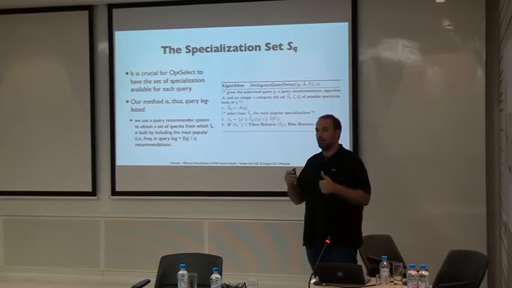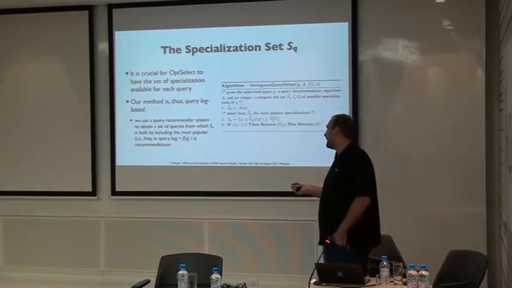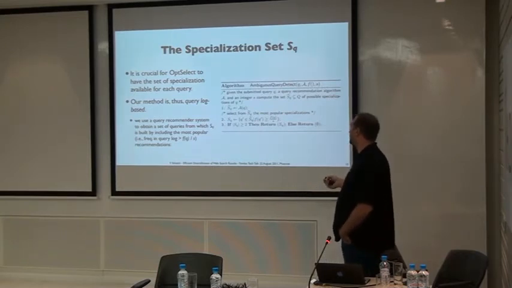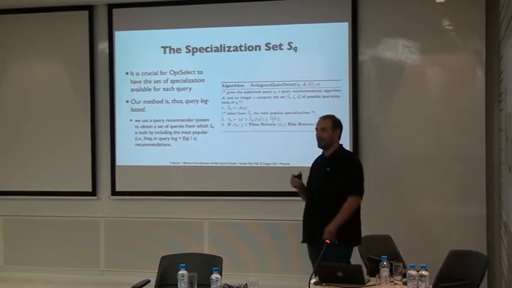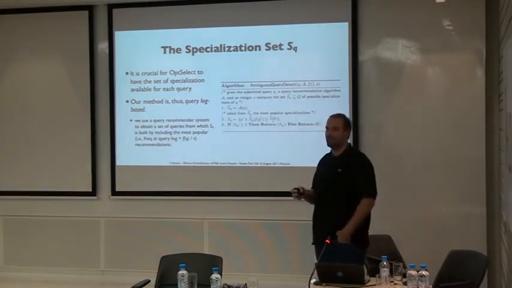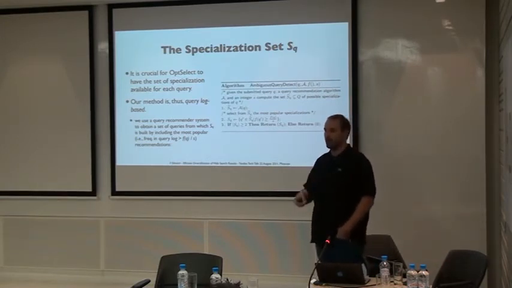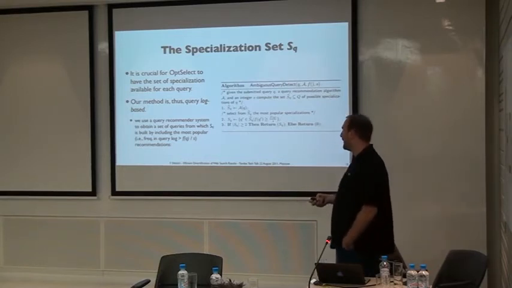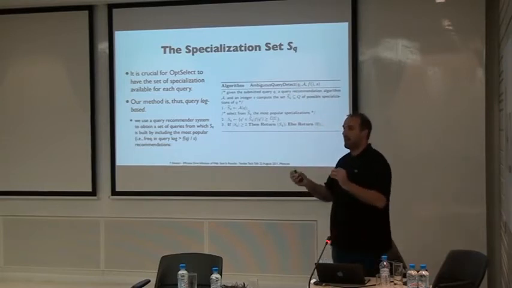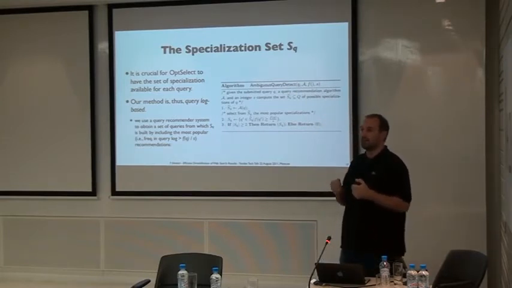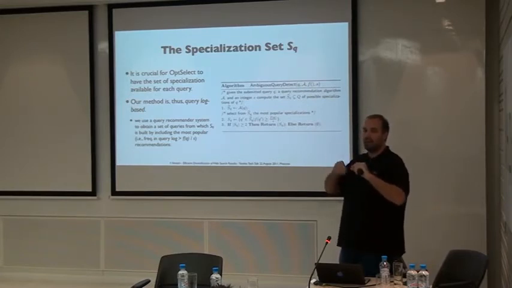U is defined as the utility of a result set as a double sum, and the double sum is done on the probability of being relevant for the query, and also the probability of being relevant for a given query reformulation, multiplied obviously by the probability of seeing that reformulation.